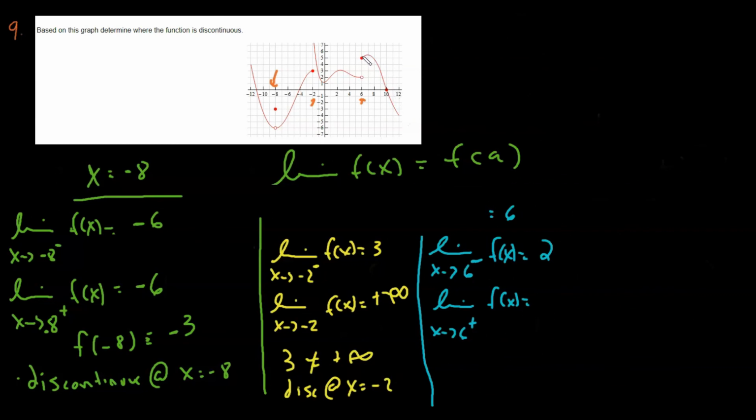We get this value here, 5. And so we conclude that because 2 is not equal to 5, it's discontinuous at x equals 6. And that's all we need to evaluate for this problem. These are the points of discontinuity. Alright, let's move on to the final problem.